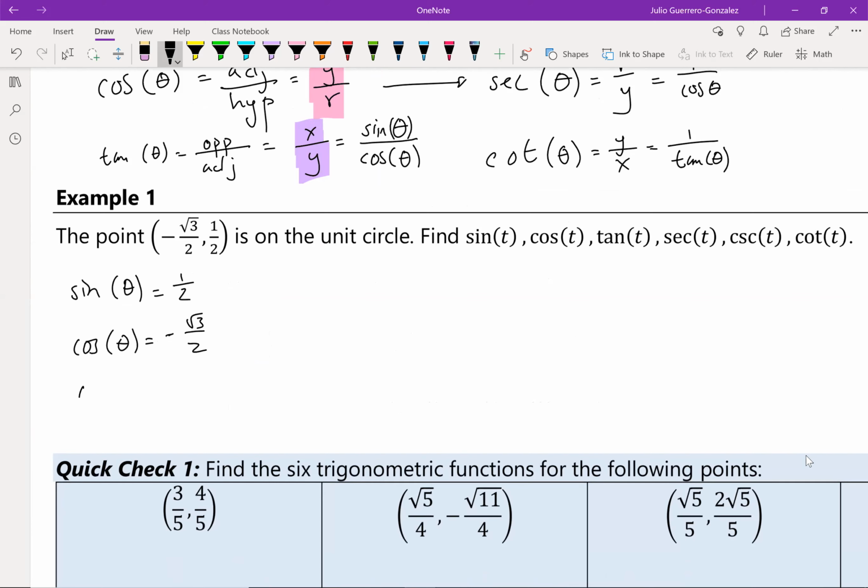And the tangent of the angle theta is going to be the sine divided by the cosine, so 1/2 divided by negative root 3 over 2. That reduces to negative 1 over the square root of 3, or negative root 3 over 3. So we have 3 of them already done.